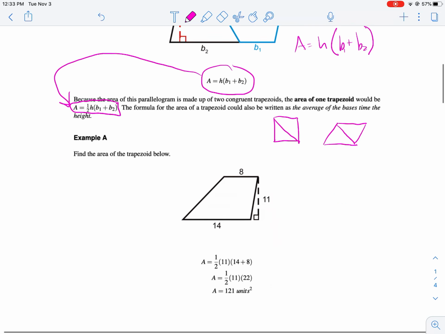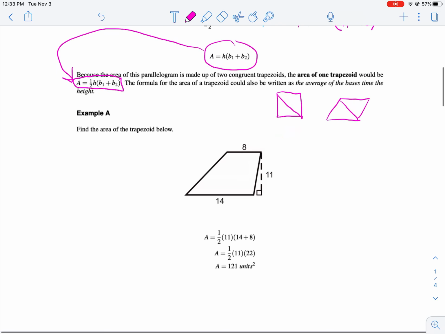Let's look at example 1. Our height is 11, our bases are 8 and 14, so they add those together, multiply by 11, multiply by 1/2, and they get 121 units squared.